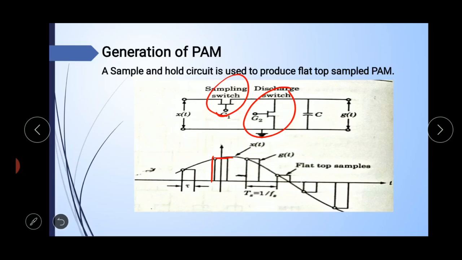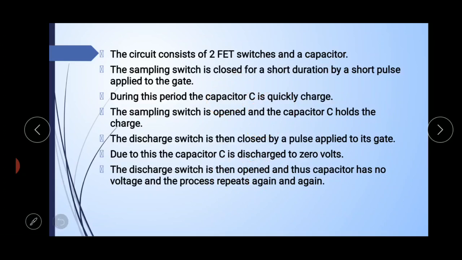When the discharge switch is closed, it is again discharged to 0. This process repeats again and again, and we get our flat top samples. Hence the output of the sample and hold circuit consists of a sequence of flat top samples. So this one is the theory.